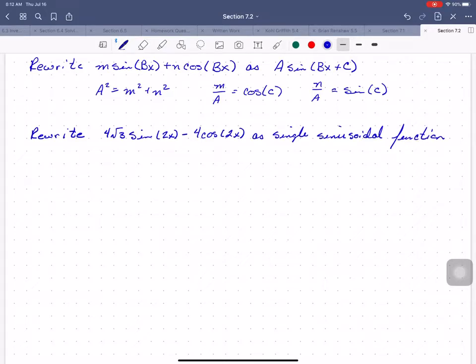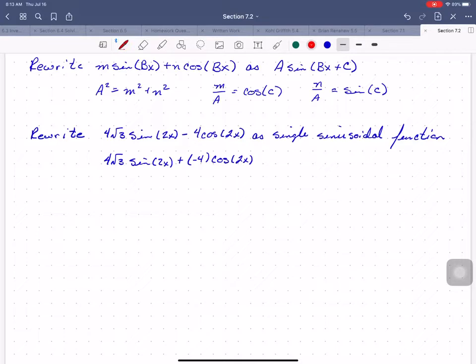So what we have is this. I have effectively the left-hand side of this operation. So what I'm going to do is match this 4 square root 3 sine 2x, and I'm going to write this as plus negative 4 times the cosine of 2x.